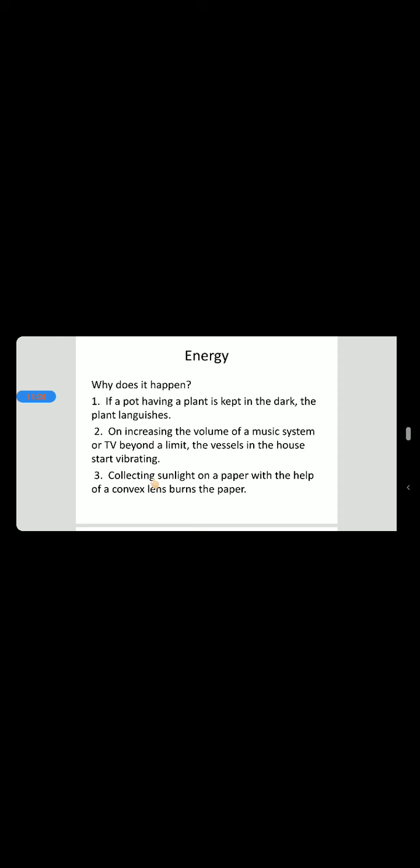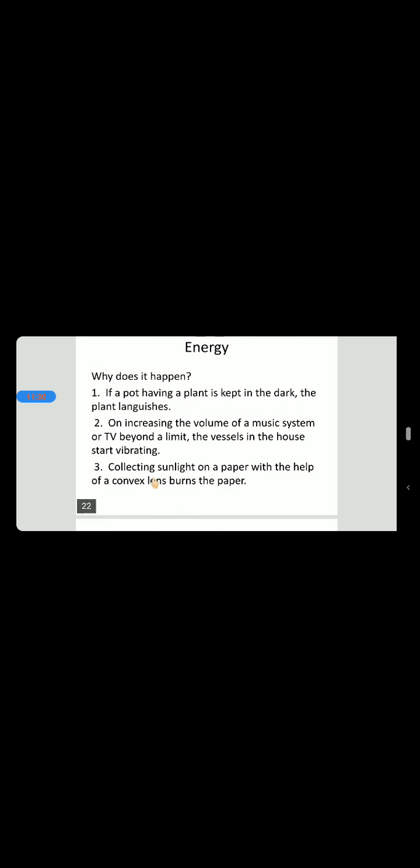If a pot having a plant is kept in the dark, the plant languishes, means it will not grow properly. Next, on increasing the volume of a music system or a TV beyond the limit, the vessels in the house start vibrating. Third, collecting sunlight on a paper with the help of a convex lens burns the paper. Now let's have a look at these examples one by one.